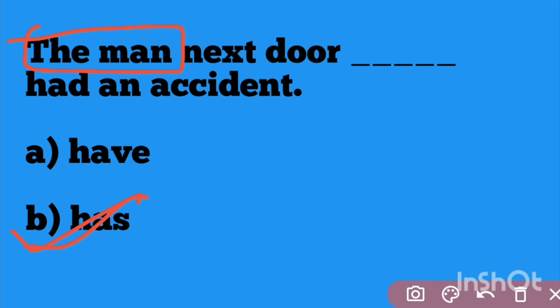That means the man next door has had an accident. Friends, this is a correct sentence, correct structure. Don't be confused. We are using two same verbs, but if you think about their usage, one is auxiliary verb and one is main verb. This had is the main verb.